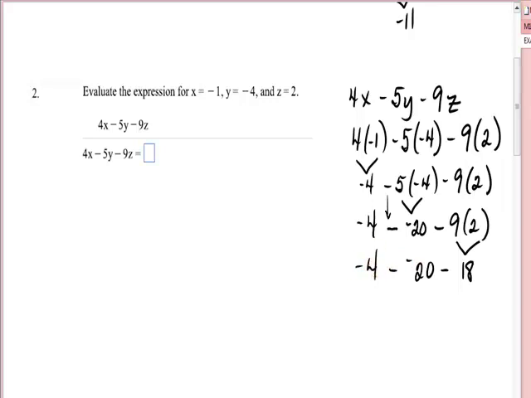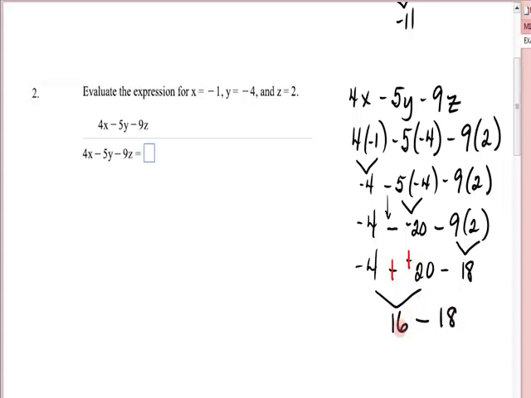All right. Now I have two subtraction problems to do. The first one, remember with subtraction, I go get my red pen and I do keep, change, change. So now I have a -4, it's now addition, and a +20. Subtract, 16, the bigger one was the positive, so it's +16, and I have -18.